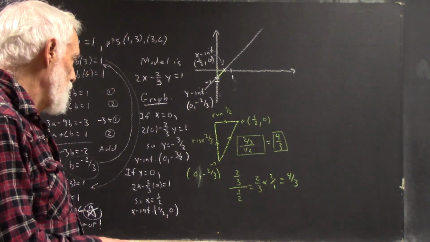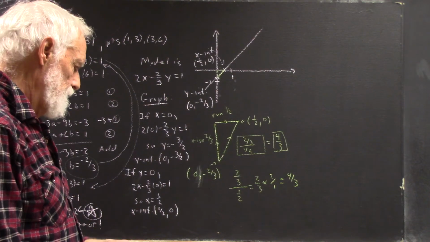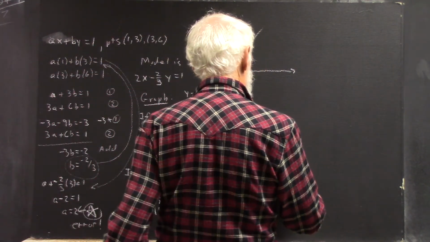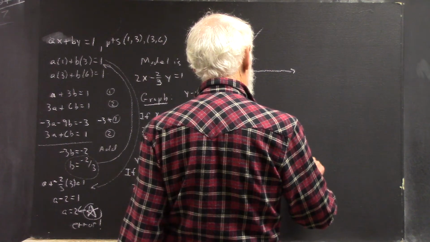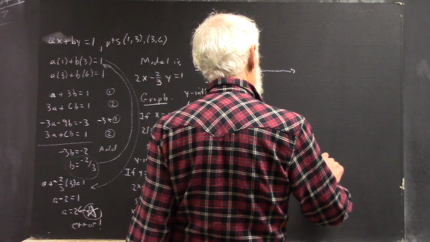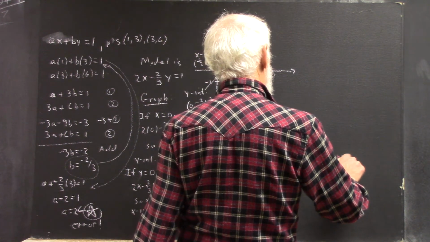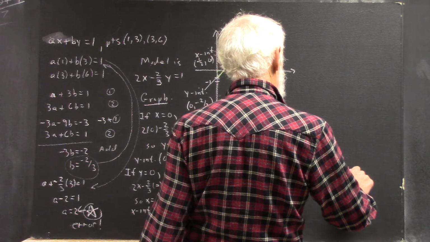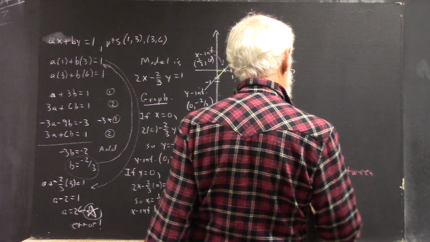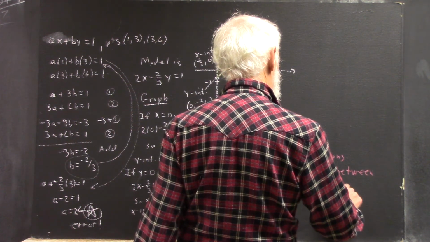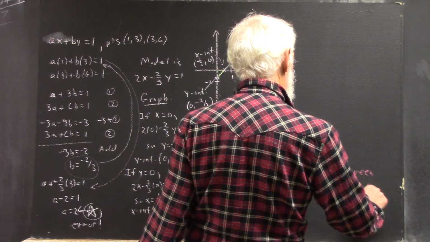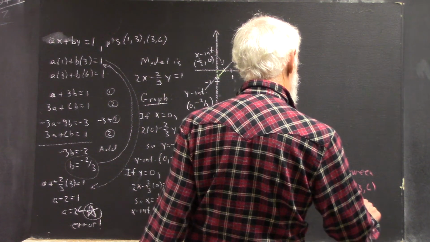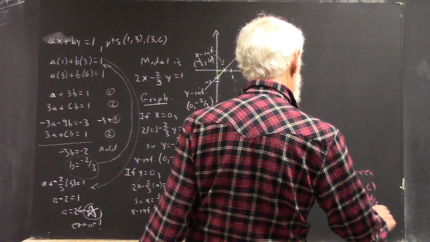So the slope between (1, 3) and (3, 6) is 3/2, not 4/3.